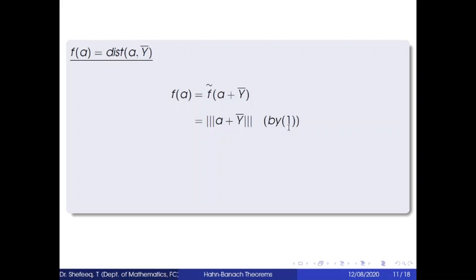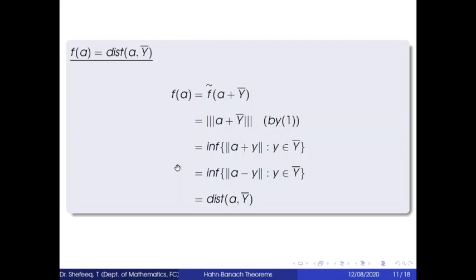So this is equal to, by definition of quotient norm, infimum of the set of all norm a plus y such that y belongs to Y bar. So this means infimum of the set norm a minus y, both are same, such that y belongs to Y bar. So what is this? This is the definition of distance of a from Y bar. So this means f of a equal to distance of a from Y bar.